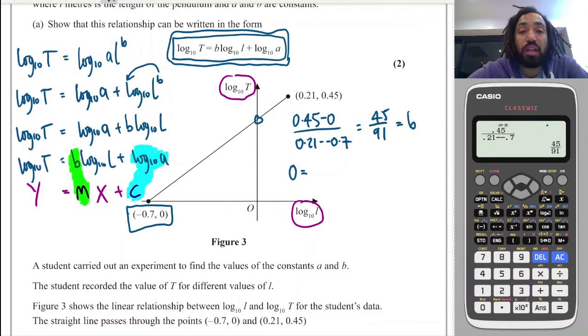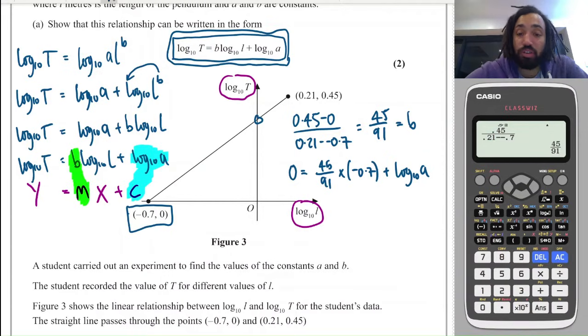And then we've got b log L, and that's b, which is this 45 over 91. And log L is that variable, which is the x value, essentially, which is minus 0.7. And we need to add on log A, which is what we need to find.